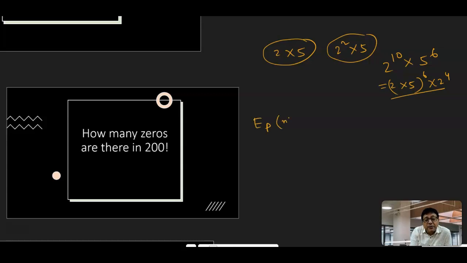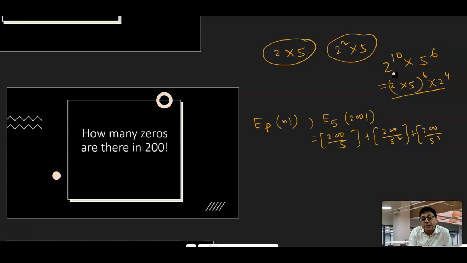and 5. The E_p factorial n formula, you remember? We are going to do it for 2 and 5. E5 of factorial 200, how can you find it? So simple: floor of 200 by 5, plus floor of 200 by 5 squared, plus floor of 200 by 5 cubed. 5 cubed is 125, 5 to the power 4 is 625. 200 by 625 is a proper fraction.